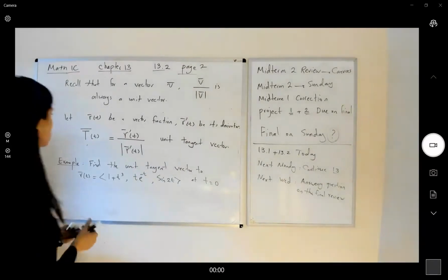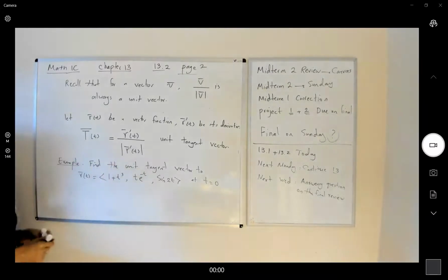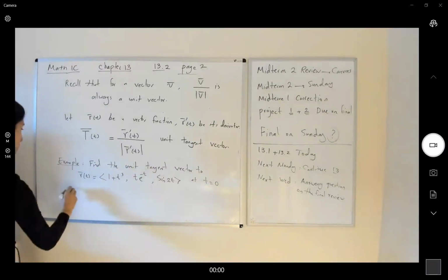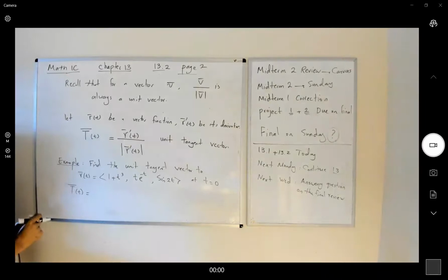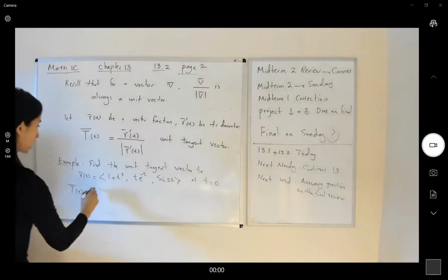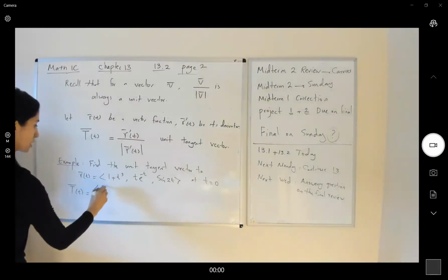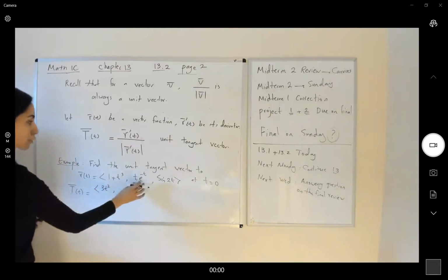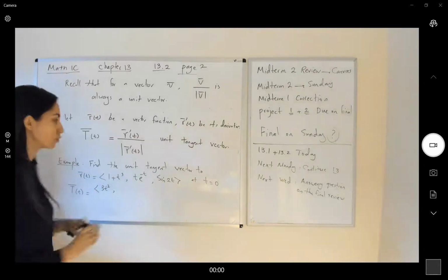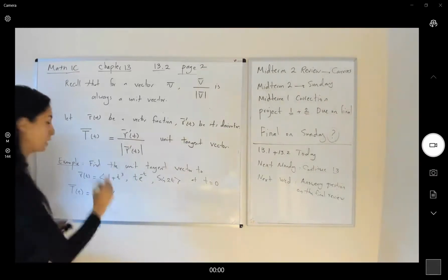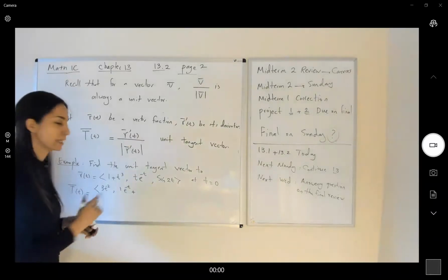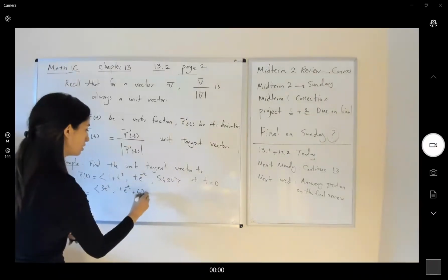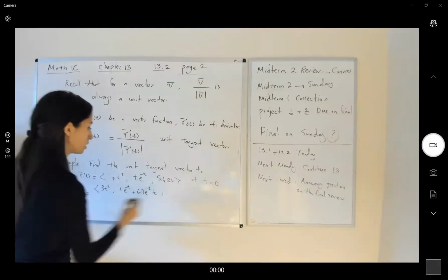Very well. So let us form the unit tangent vector. Let's follow the formula. This is equal to the derivative divided by the magnitude of the derivative. So here you have the derivative of the function: 3t squared, comma. For this one, you have to use the product rule. The derivative of t is 1 times e to minus t, plus the derivative of e to negative t, which is minus 1 e to negative t, times t, comma.